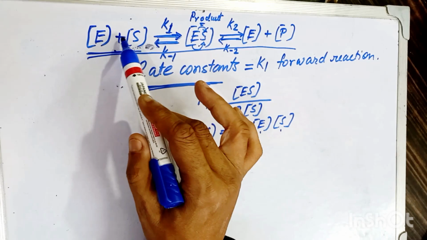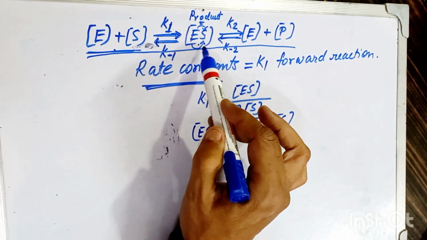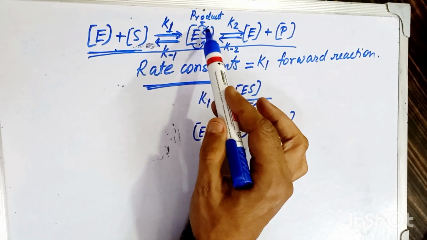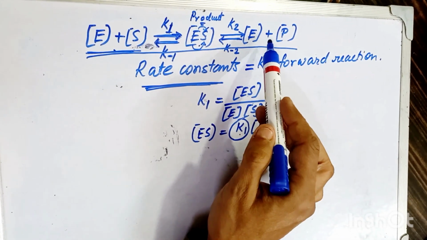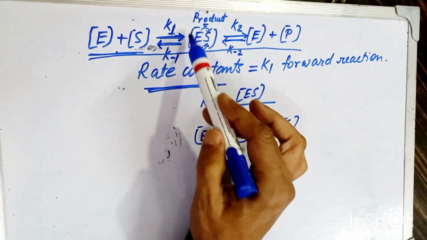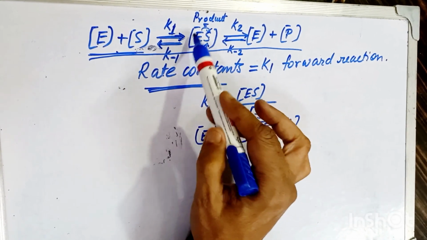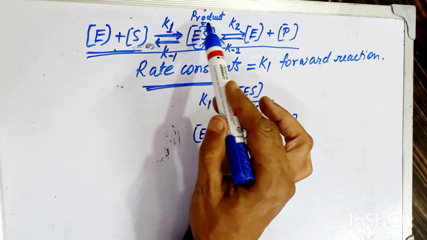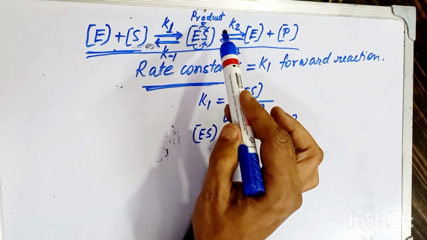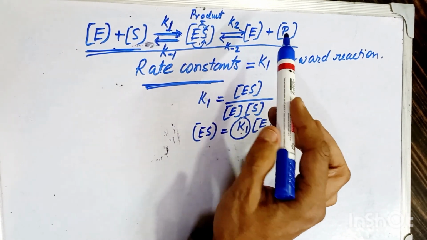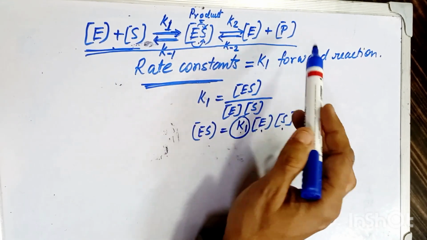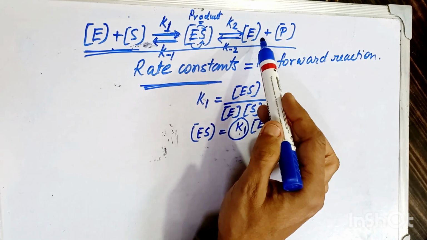If this step is faster and this step is slower, the enzyme substrate complex accumulates, and this is the slower reaction. Then the second step is naturally slower.